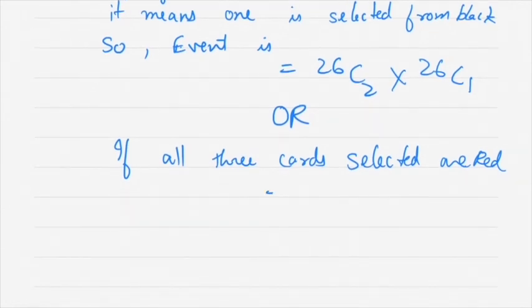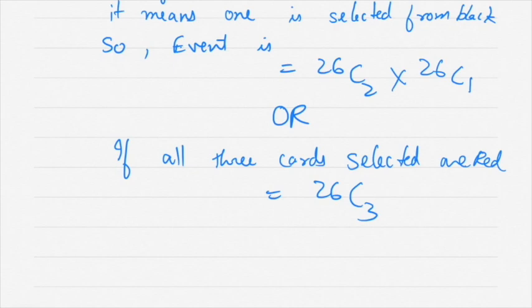There are only 26 red cards, so in that case it would be 26C3. So either 26C2 multiplied by 26C1 or 26C3. Correct?